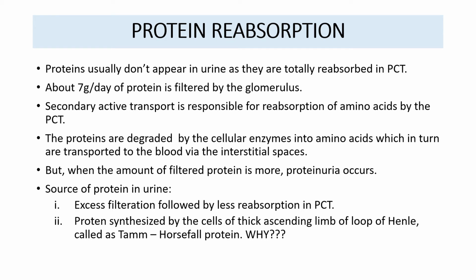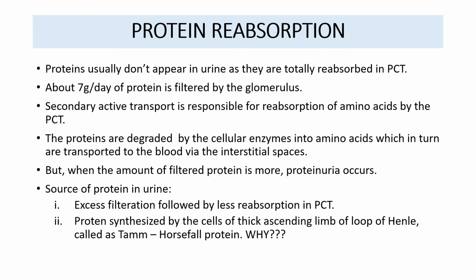First of all, when there is excess filtration followed by less reabsorption in the PCT. Why will there be more filtration? Usually excess filtration occurs only when there is damage to the glomerular membranes, and that condition is known as glomerulonephritis.